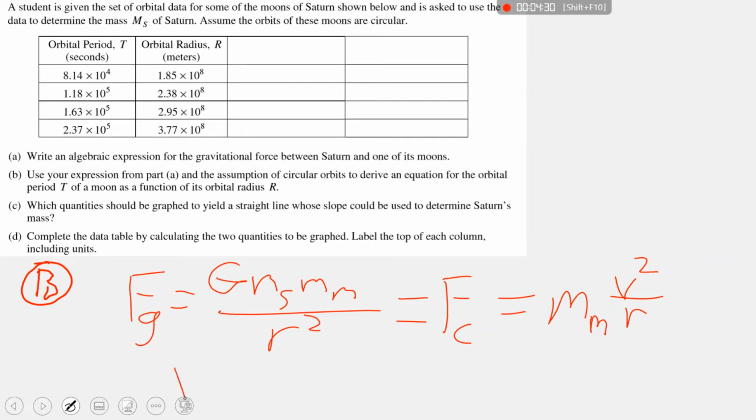So v is equal to what? The square root of G M_s over r.